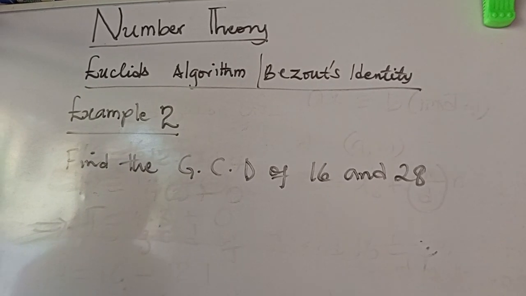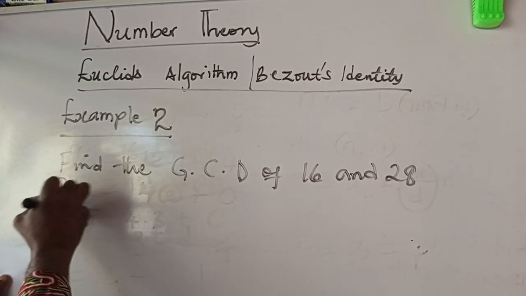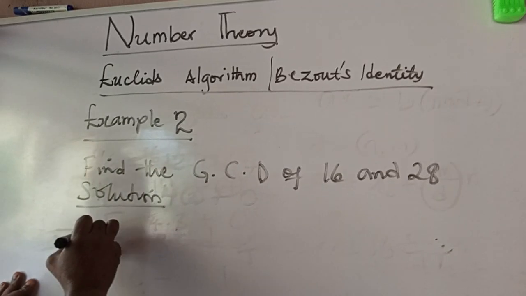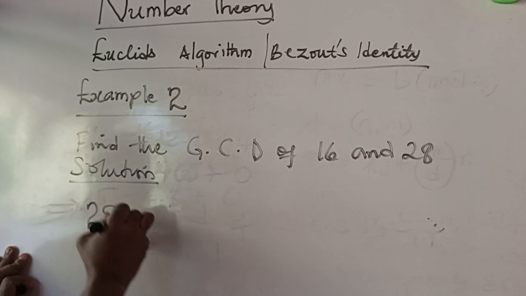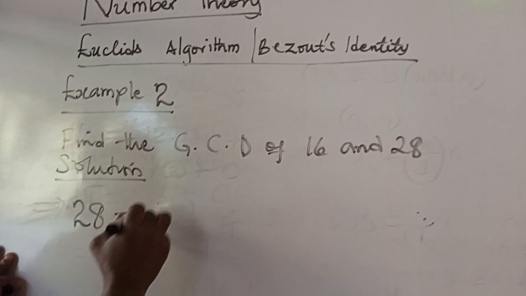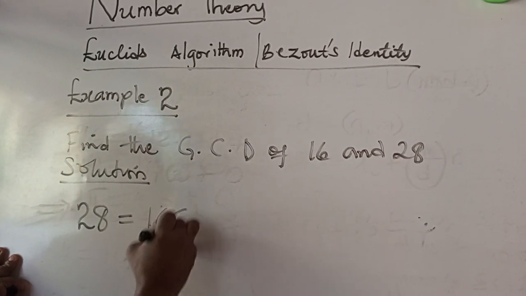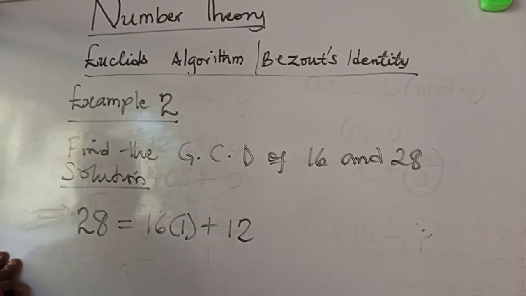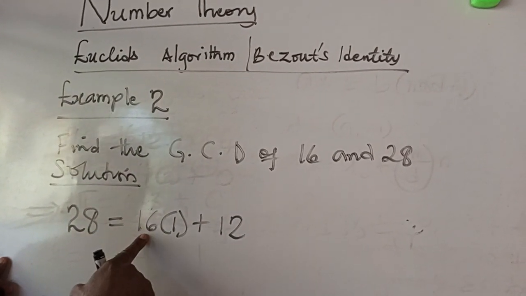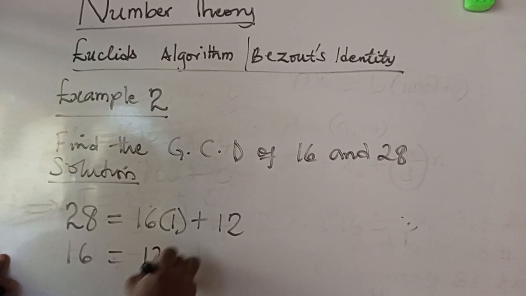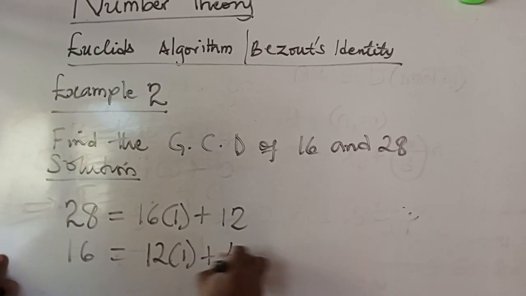So in this case, we'll begin with 28 and divide 28 by 16, and that will give us 1, remainder 12. And then we can divide 16 by 12, so that will give us 1, remainder 4.